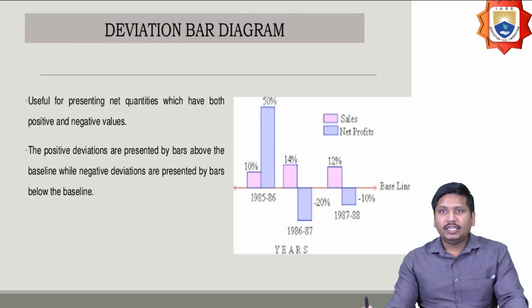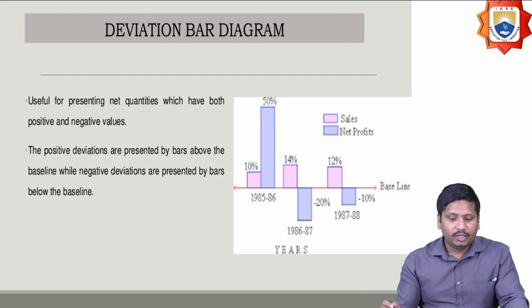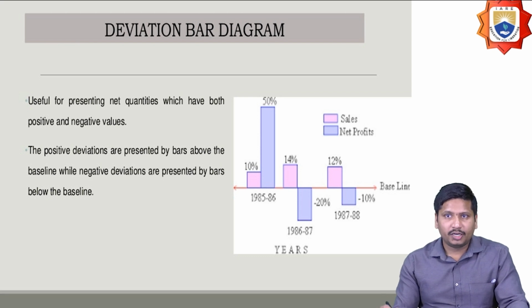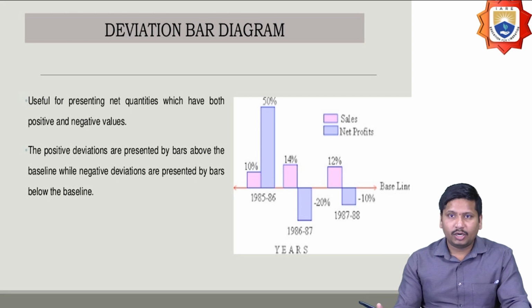And the next one is the deviation bar diagram. So what is this? The deviation bar diagram is used for representing net quantities which have both positive and negative values. The positive deviations are represented by bars above the baseline, and the negative deviations are represented by bars below the baseline, right?